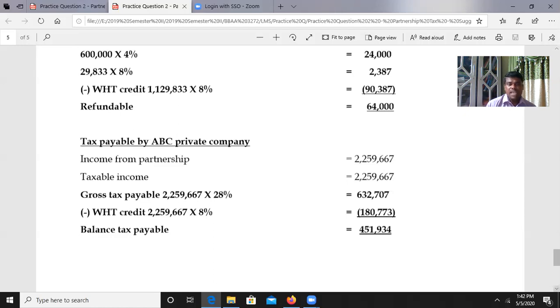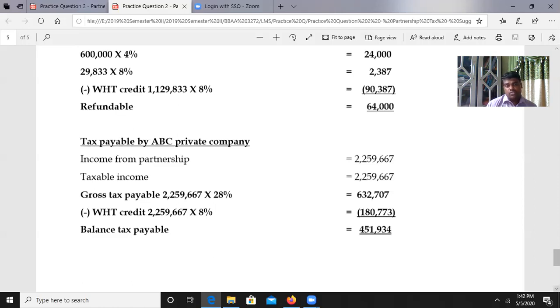So gross income tax payable is 2,259,667 into 28%. That percentage can be changed according to the types of company, because for company income tax calculation, there are a number of percentages according to the types of company.